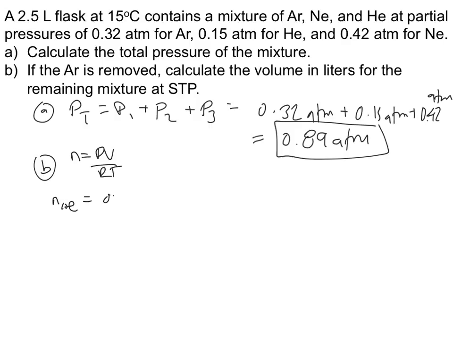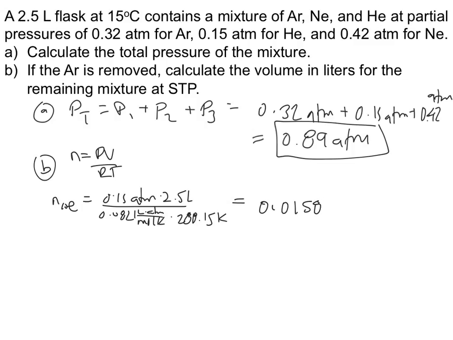So we have 0.15 atm times 2.5 liters divided by our constant, 0.0821 liter atm per mole Kelvin, and then times our old temperature, which is 288.15 Kelvin. This is going to give us the following number of moles of helium.